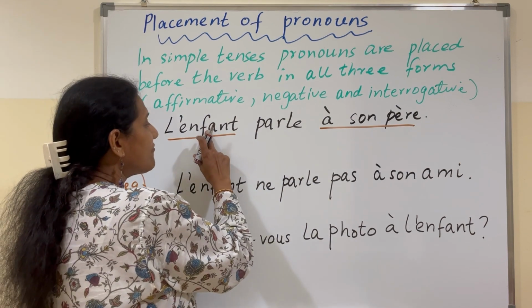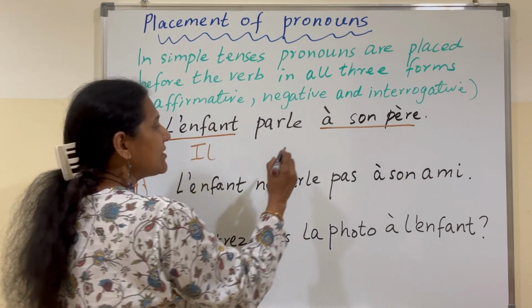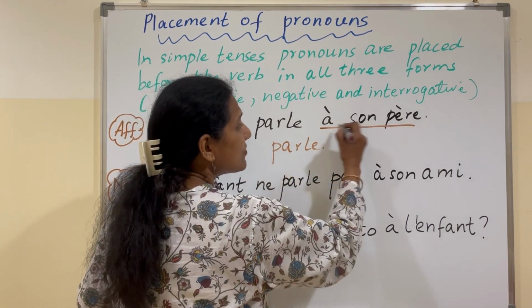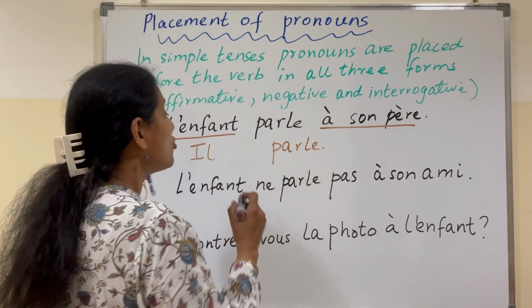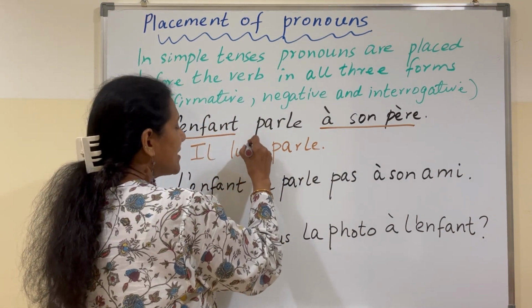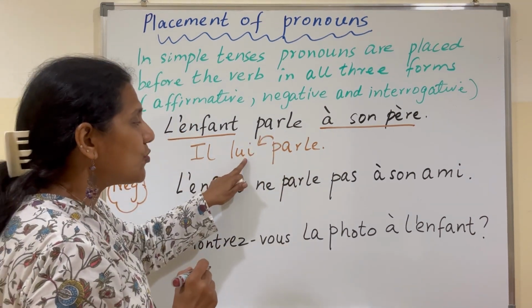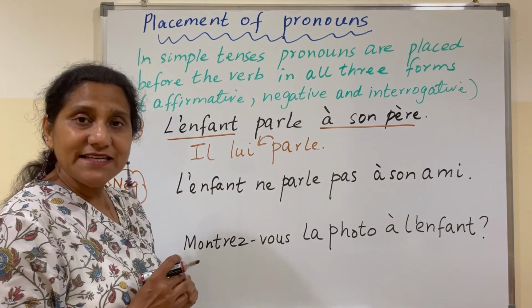So l'enfant will be replaced by il, and this is the subject pronoun, and we write parle. And what will à son père be replaced with? It will be replaced with lui. So it has to be placed before the verb. Il lui parle.